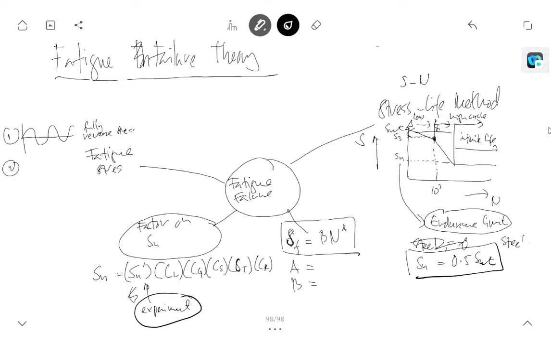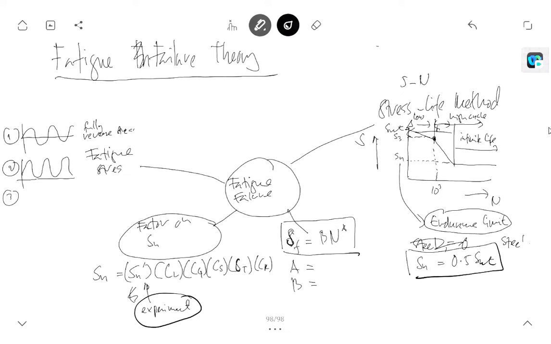The second one is repeated stress. So for the fully reversed and repeated stress, it has the characteristic of alternating stress and mean stress as well, where the sigma mean is 0.